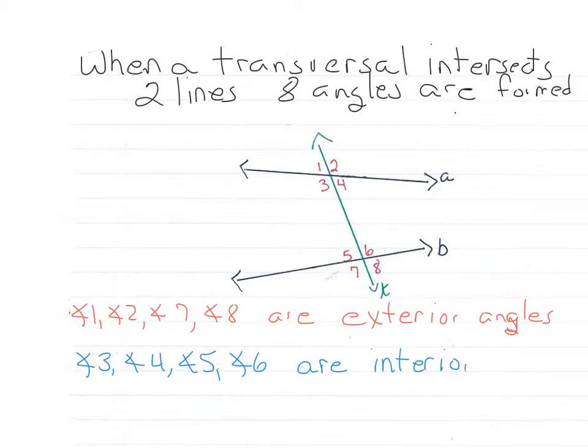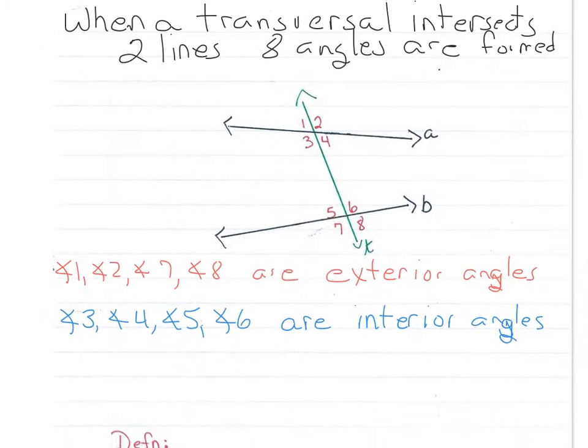But first we wanted to be sure and see the difference between exterior angles and interior angles. Interior angles lie inside, in this case, lines A and B. And we can narrow them down even a little bit more.